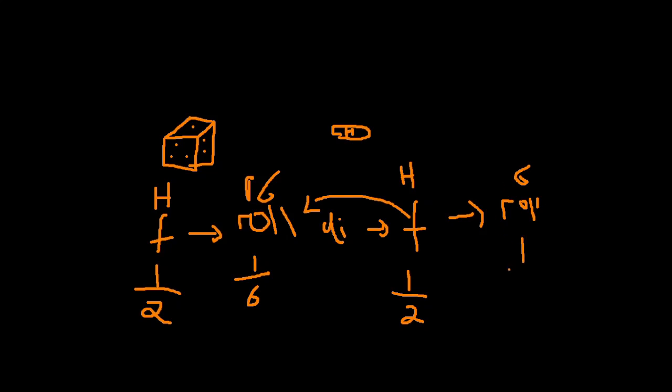The probability of me rolling a 6 does not change. And these are called independent events. Their probabilities don't depend on the outcome of the other event. It doesn't matter if I get heads or tails here, it's still going to be 1 over 6. Doesn't matter if I get a 6 or a 5 or a 4 here, this is still going to be a half.